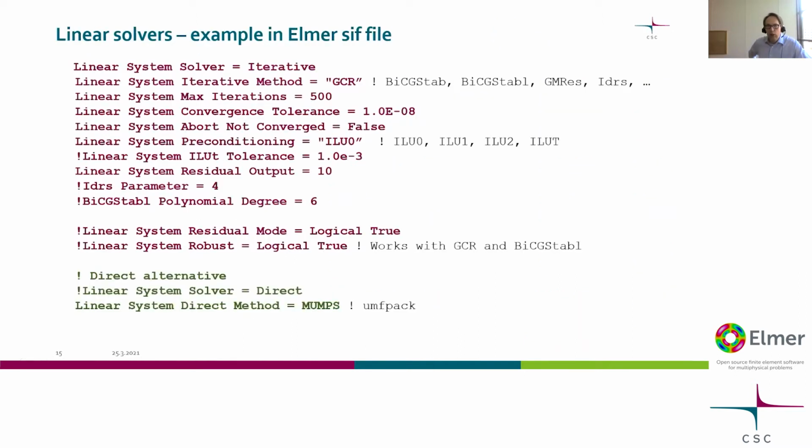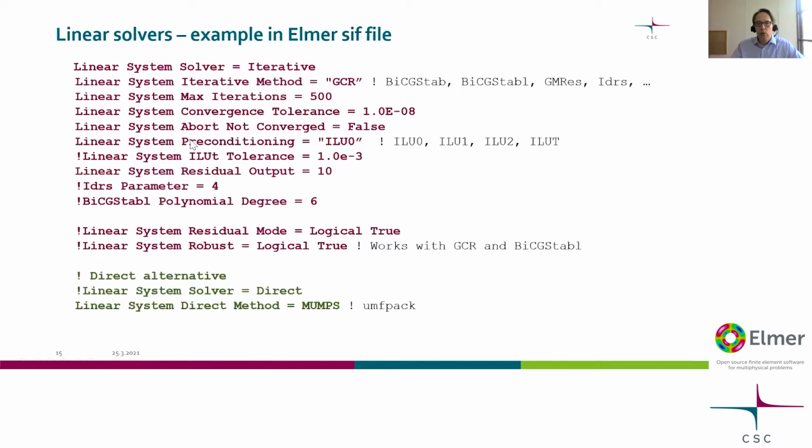When you start using different linear solvers in Elmer, you of course see something like this. You have a set of keywords where you define what your linear system solver type is. Is it iterative or direct? That's the main choice. Then you have choices between iterative methods and direct methods. For iterative methods, you have additional parameters like the linear system max iterations: how many times will you iterate, when do you stop iterating, and what happens if you do not find convergence?